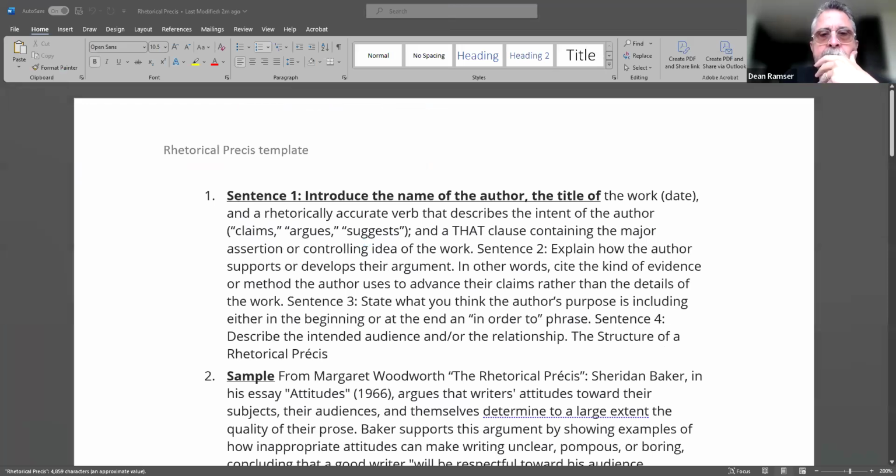Okay, so let's go back to this page here. See if I can edit this.